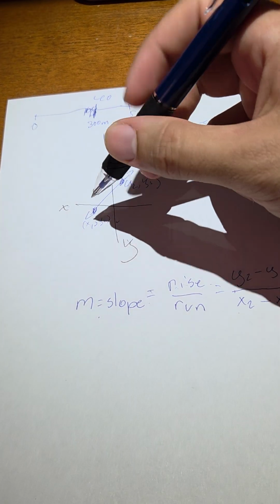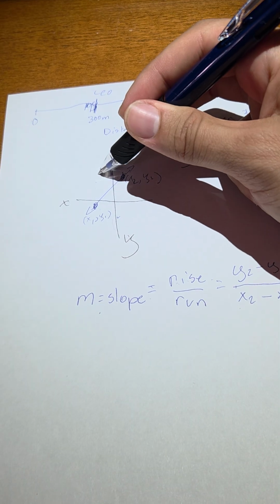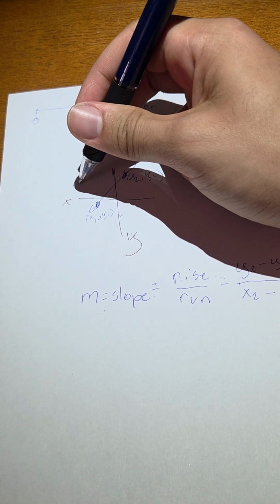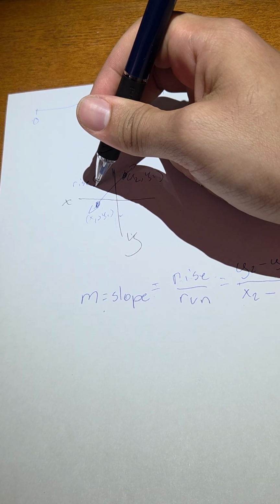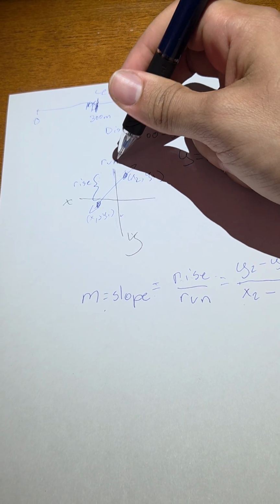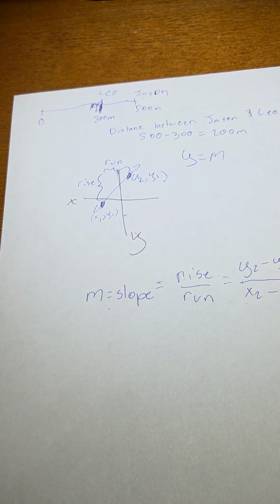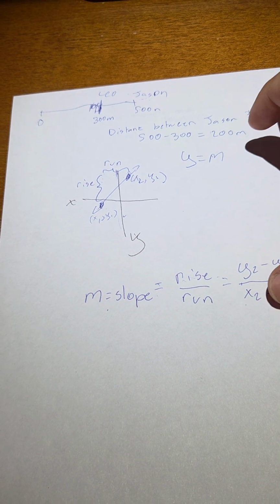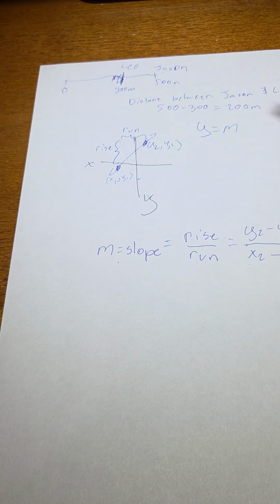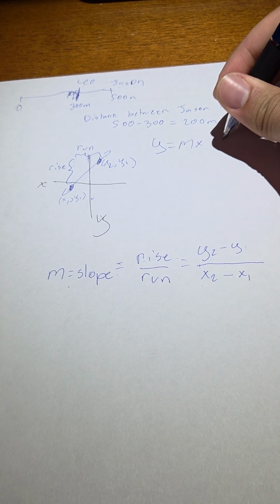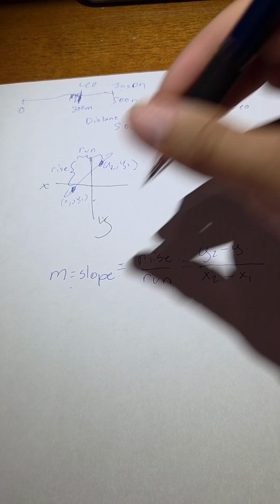Remember, rise over run: this is our rise, and then our run is right here. So moving forward, just the background, this is what slope is. And then the equation is y equals mx plus b. So what is our b?